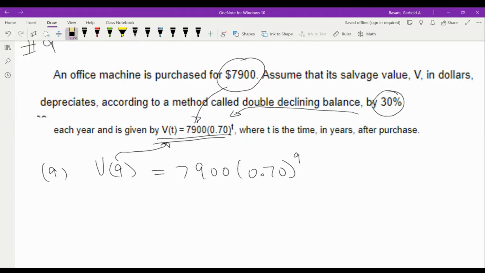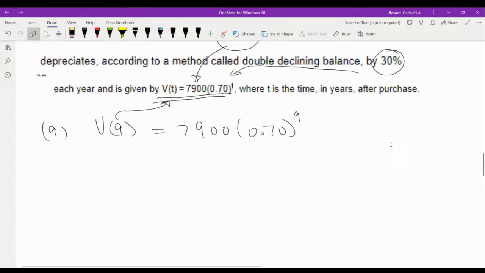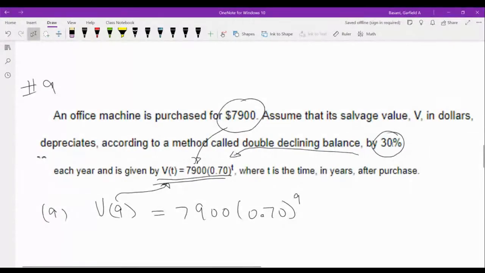Part A, and the question, Luis, is a 3-part question. Actually it asks us to find the value after 9 years. Samir, what do you mean?